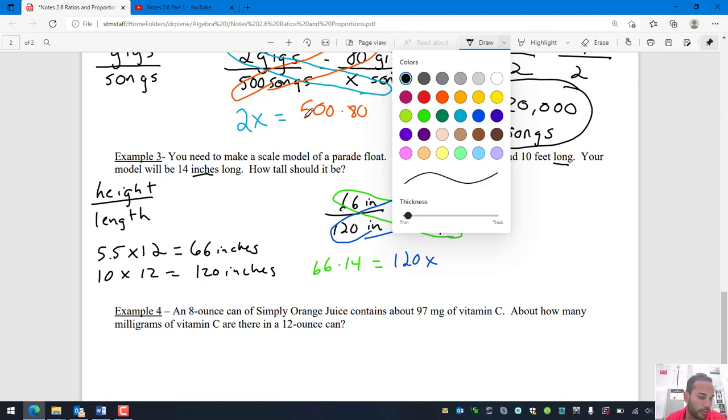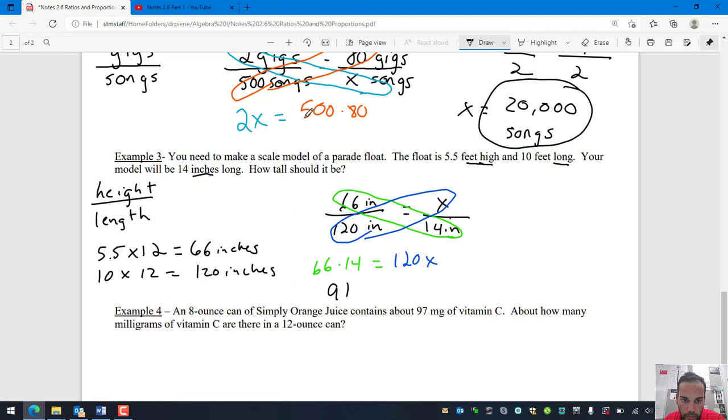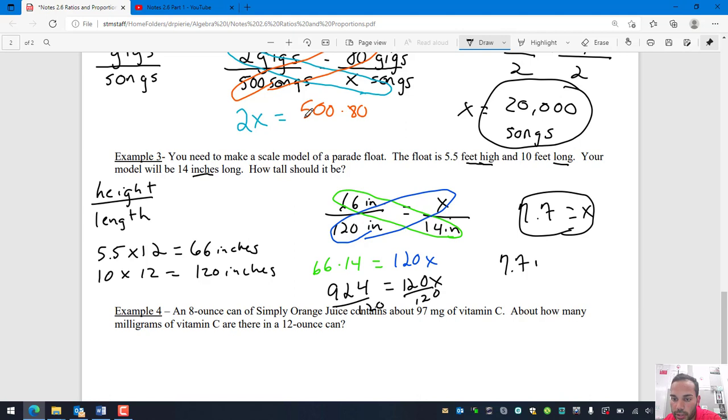So I believe 66 times 14 should give you something like 924. 924 is equal to 120X, and if you divide both sides by 120, you should be left with something like 7.7 is equal to X. What did we just solve for? We know that my replica, my model, is going to be 7.7 inches tall.